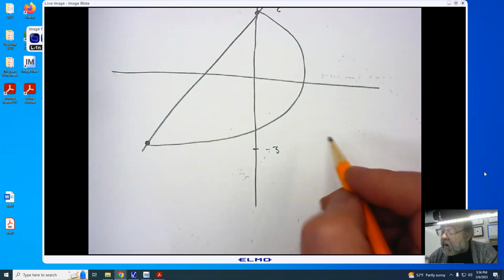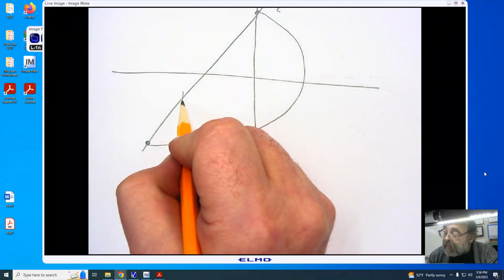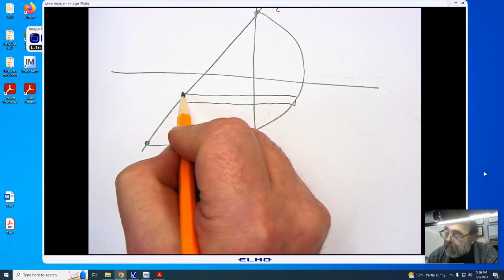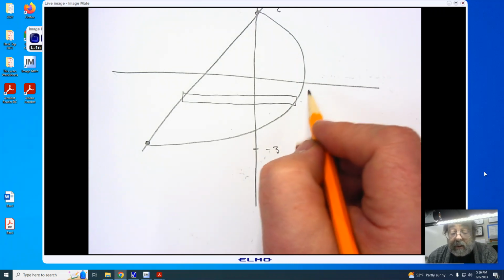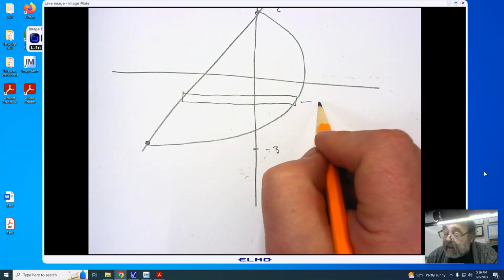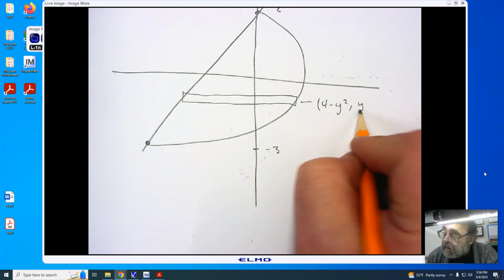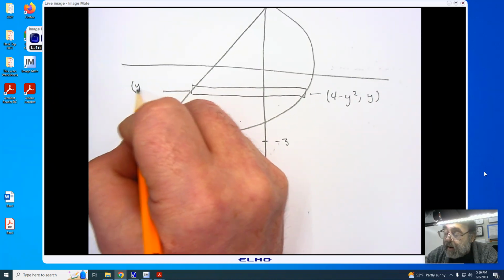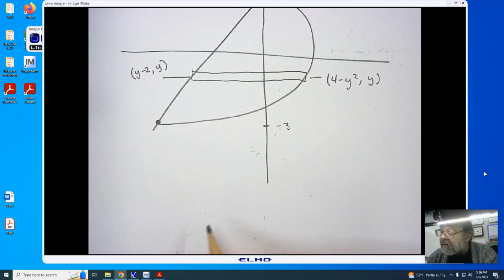So our basic integration that we would have is our upper minus our lower using a representative rectangle, where we have our top equation. This one is our 4 minus y squared, y, and our lower equation down here is y minus 2, y. We're doing our right minus left.